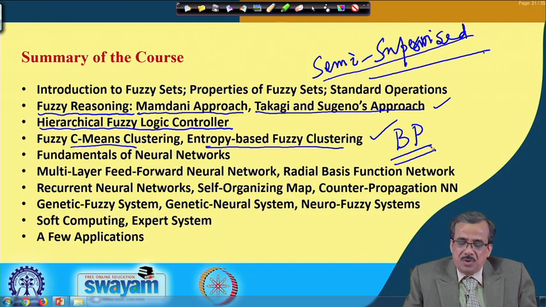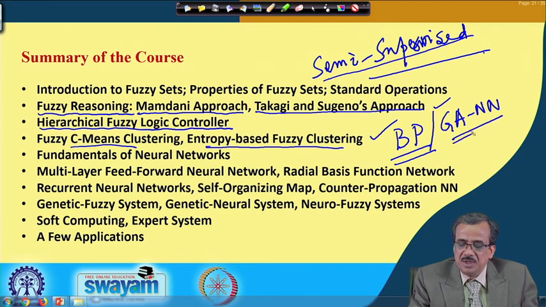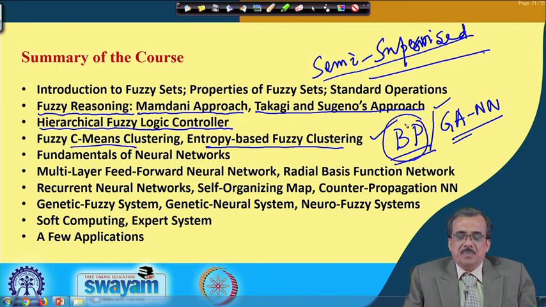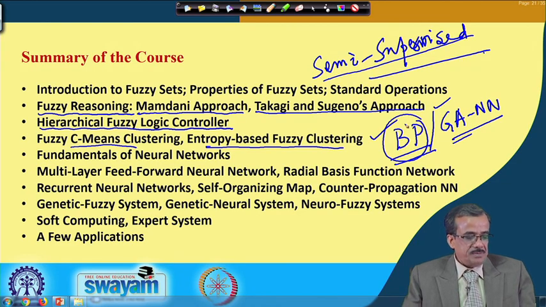We have also designed and developed an algorithm, that is GA neural network. There we see that we could replace back propagation by the genetic algorithm, and we can also develop the combined genetic algorithm and neural network, just to remove the demerits of the back propagation algorithm.